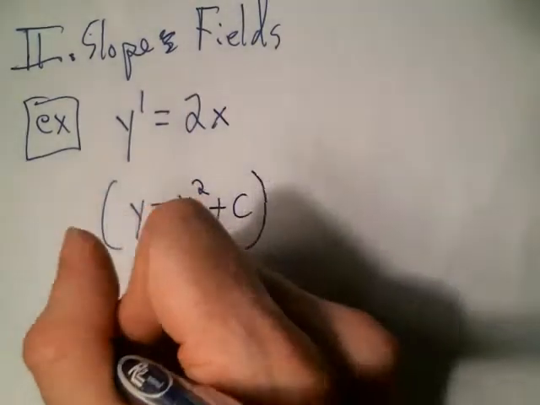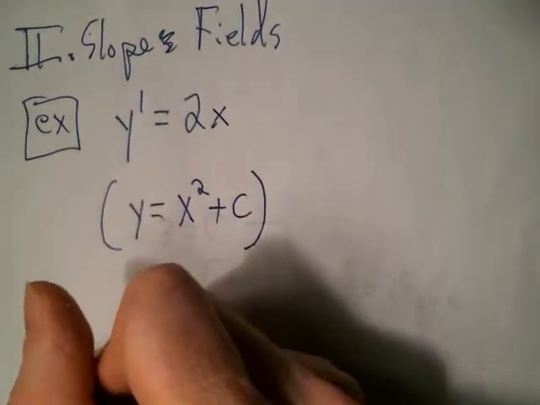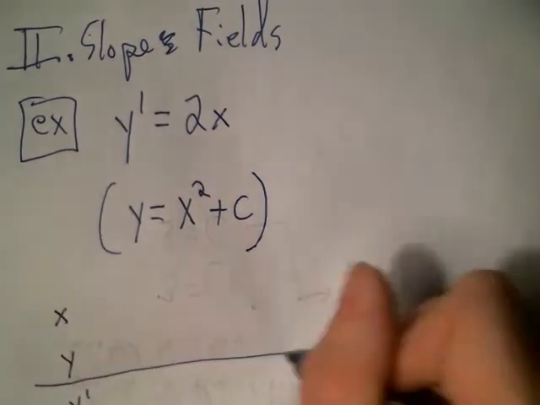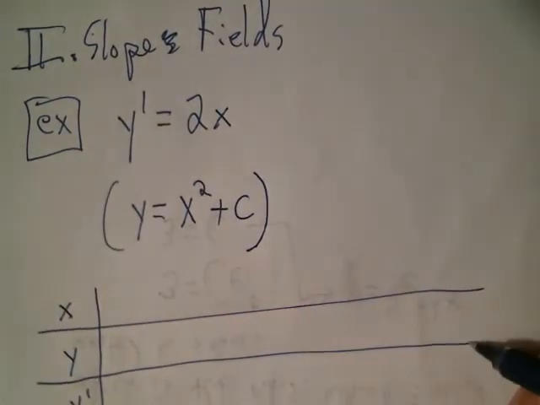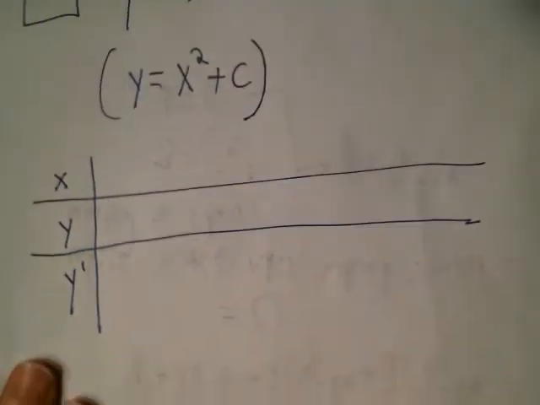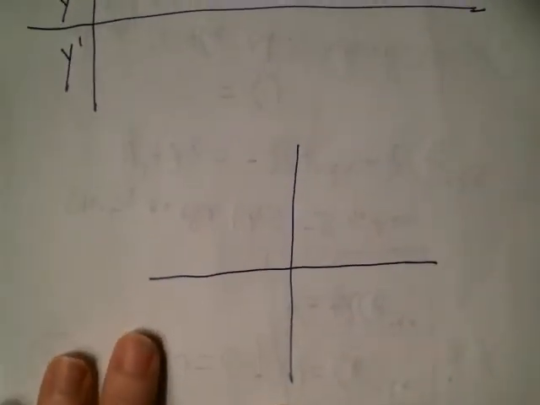To get the slope field, you just do a chart. You have x, and usually you'll have y. In this case, we don't have a corresponding y, so it is kind of a silly version of a differential equation, but that's okay, it'll be easy. I'm going to do an xy plane, and you just pick random points in the plane that you're interested in.